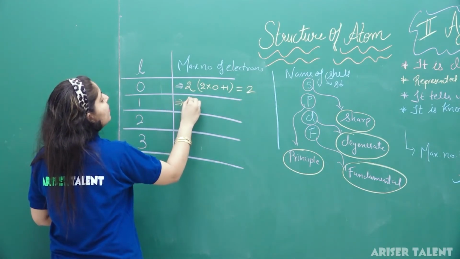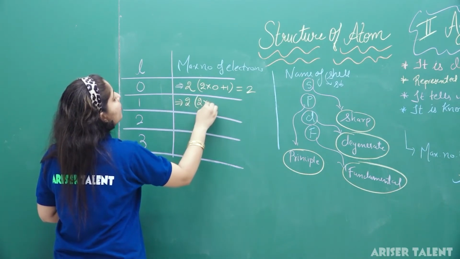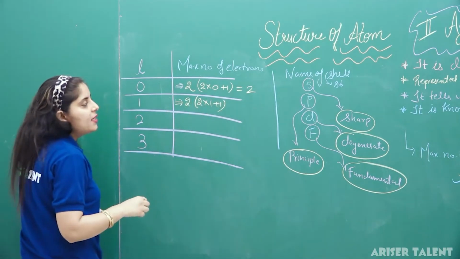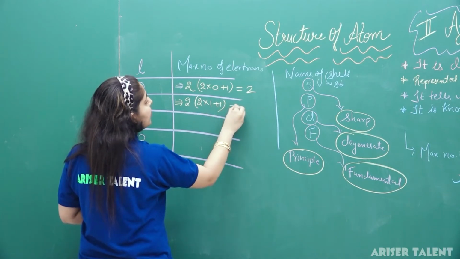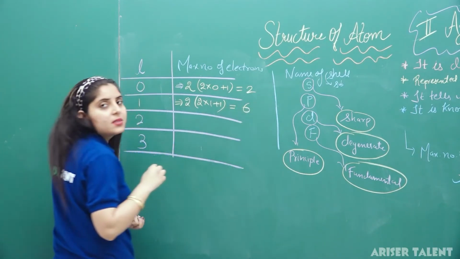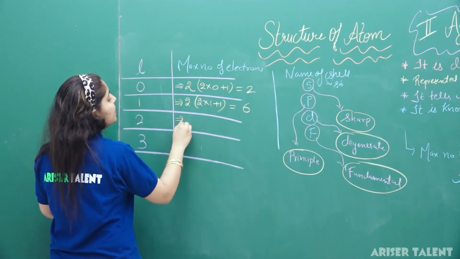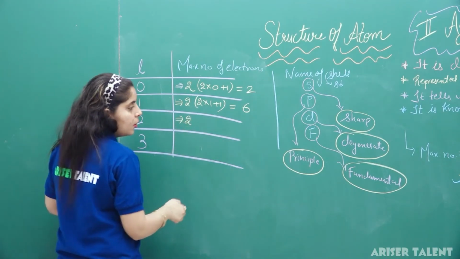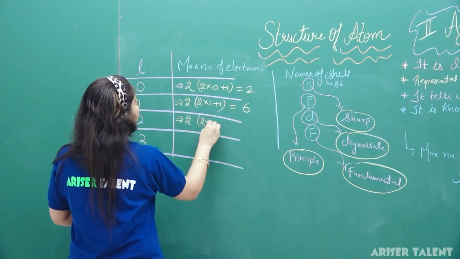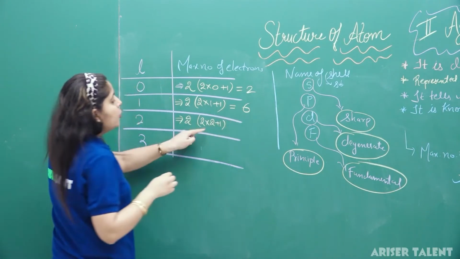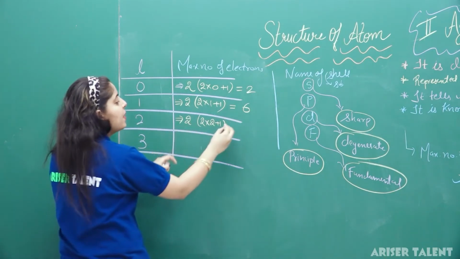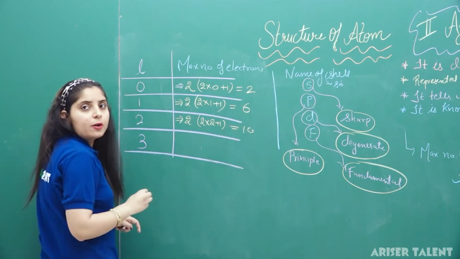Now for 1, we will have 2 into (2 into 1 plus 1), that is 2 plus 1, 3, and 3 into 2, 6. For 2, 2 into (2 into 2 plus 1): 2 into 2 is 4, 4 plus 1 is 5, and 5 into 2 we get 10 electrons.